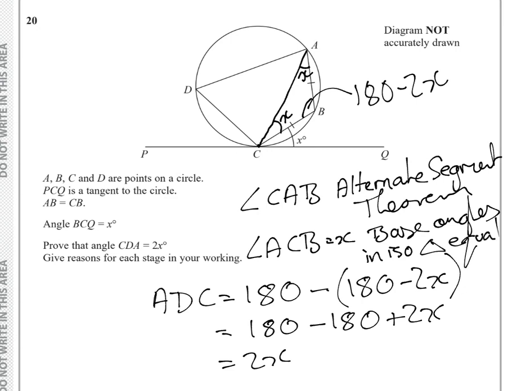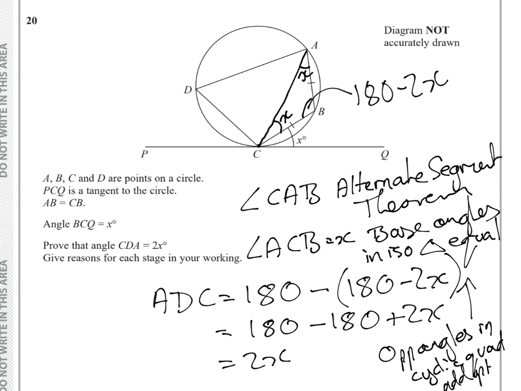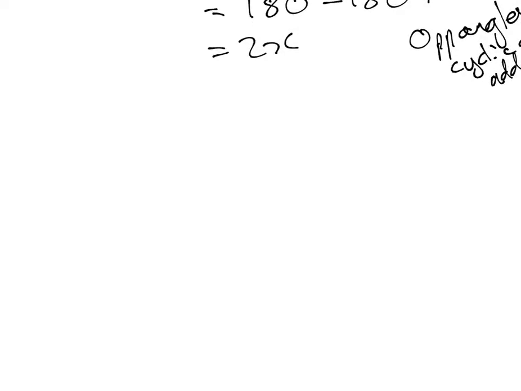And this last one is opposite angles in a cyclic quadrilateral add up to 180. There we go, and I've not written that very nicely, but you can see what's going on hopefully. Okay, let's keep going forward.